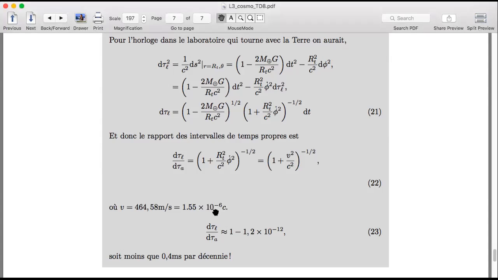There we go. 10 to the minus 6. So you square that, you get something times 10 to the minus 12. Divide by minus 2, and you get minus 1.2 times 10 to the minus 12.